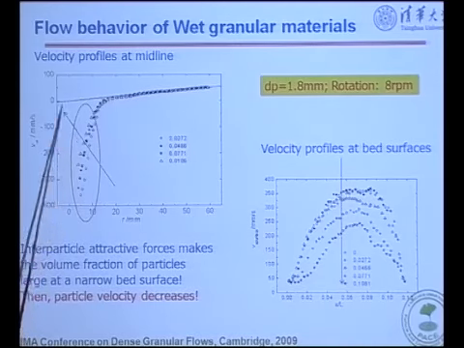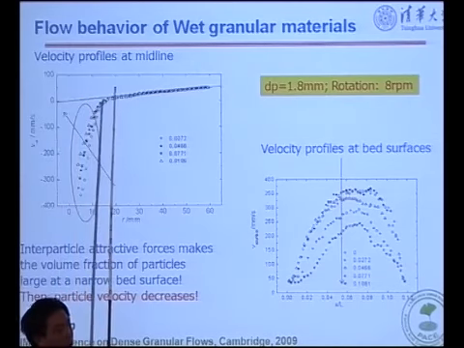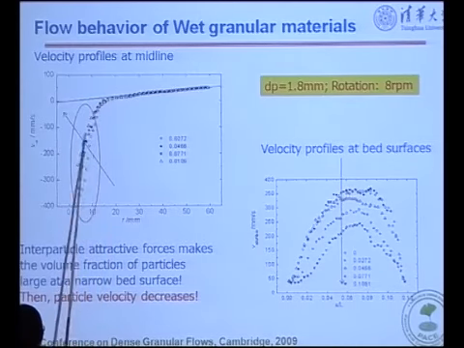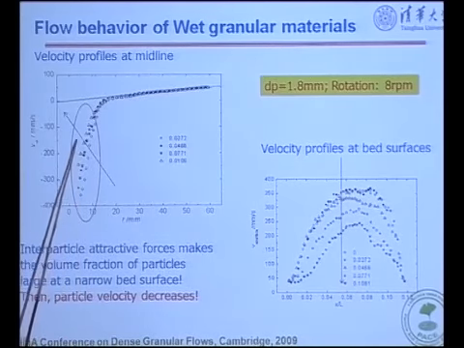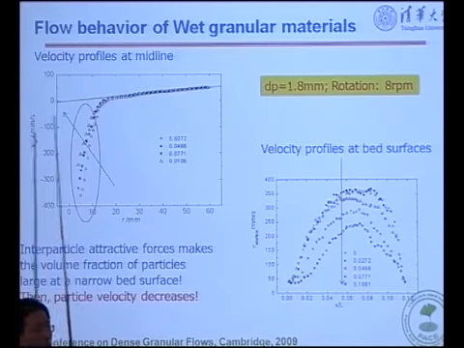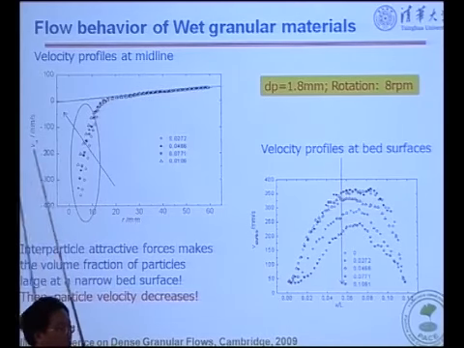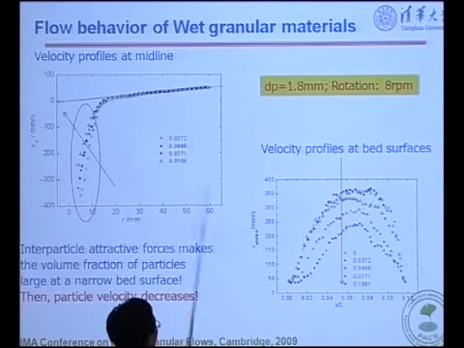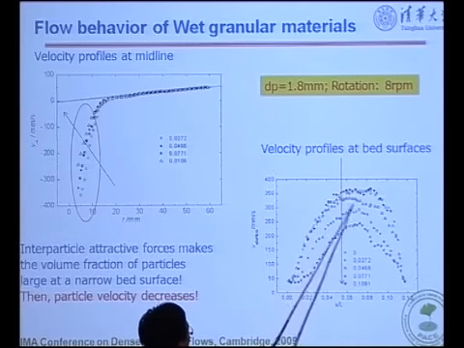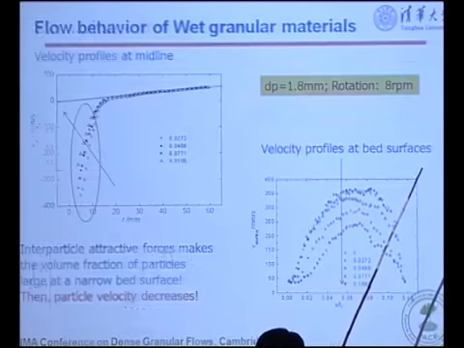But also, if we look at velocity profiles at the midline, at the bed surface, with more oil, the liquid bridge effect is a little higher. We can find the velocity decreases only because the particles under the attractive force become denser in volume fraction.